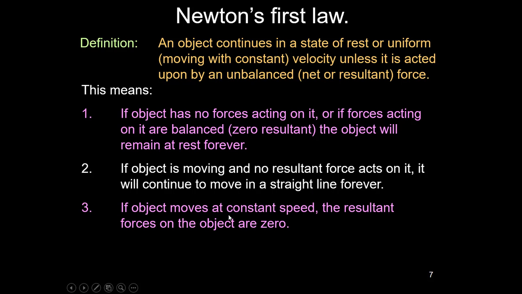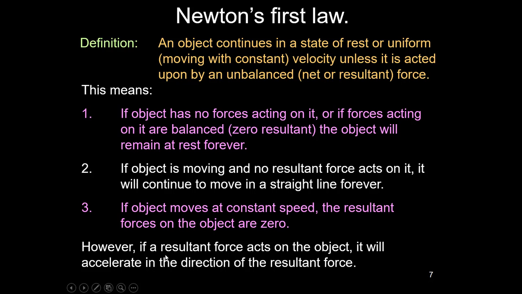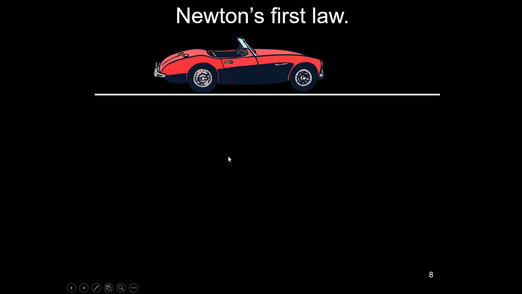If the object moves at a constant speed, the resultant force on the object will be 0. However, if a resultant force acts on the object, it will accelerate in the direction of that resultant force. So basically, as soon as you see there is a resultant force, we're no longer dealing with Newton's first law, but with Newton's second law of motion.